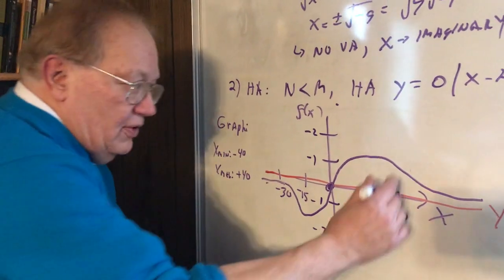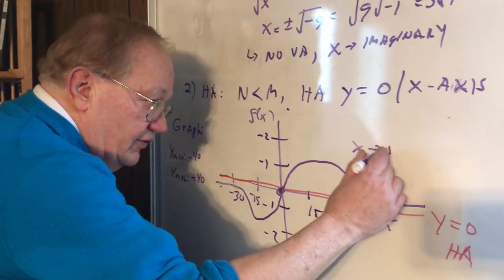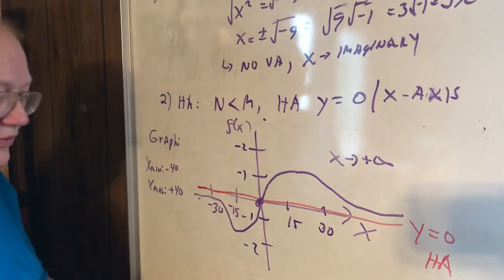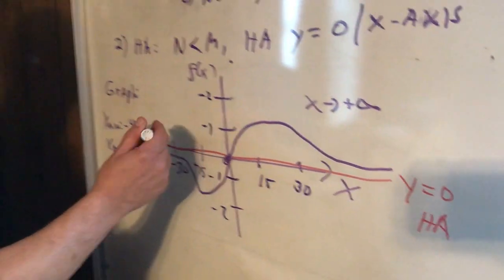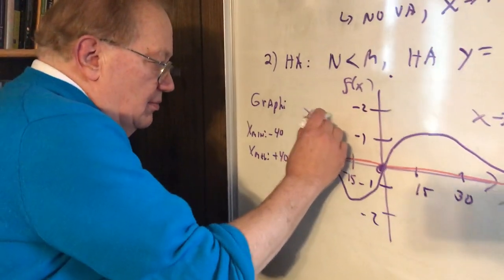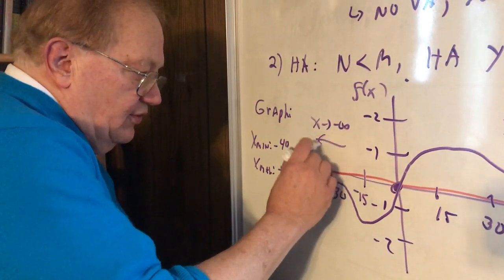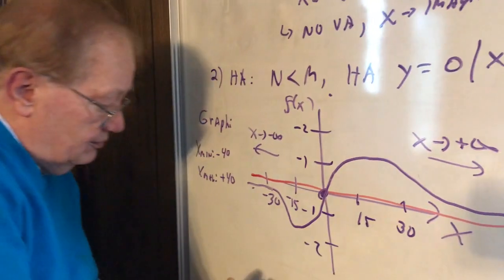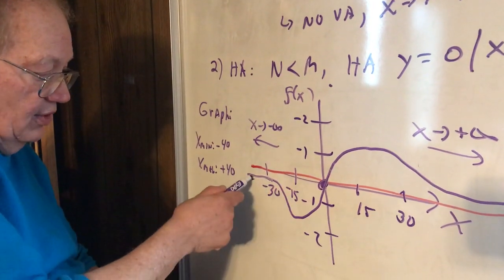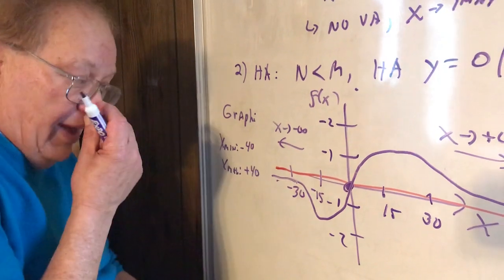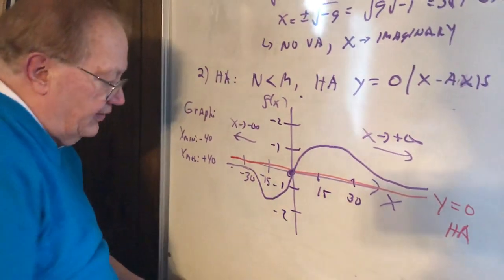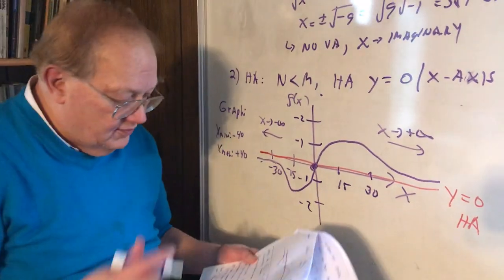As x approaches plus infinity, what happens? Y approaches 0. As x approaches minus infinity, going in this direction, y approaches 0. Zero is the asymptote, but it never reaches it. That's the idea of asymptotes.